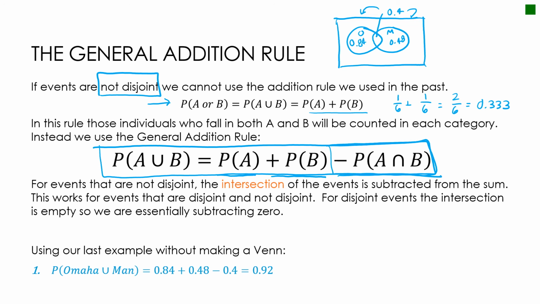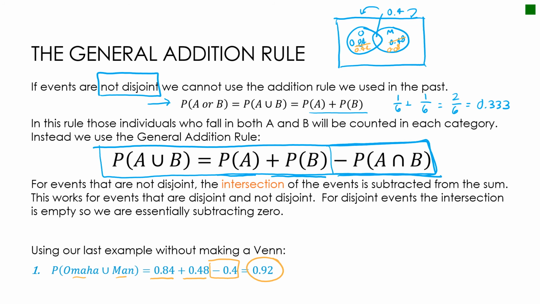And so because it was counted twice, we have to subtract it once. So notice here, instead of having to do the subtraction and turn 0.84 into 0.44 and turn 0.48 into 0.08, I can say let's take all of the people from Omaha plus all of the people who are men, and then subtract the people who were counted twice, which is people who fall into both categories, men from Omaha, which is the 40%.